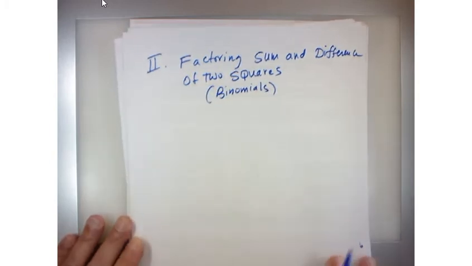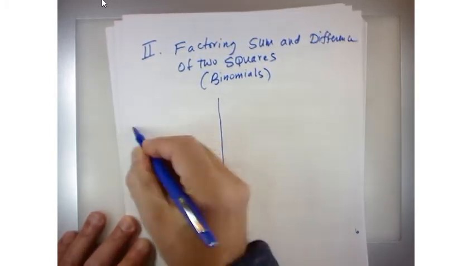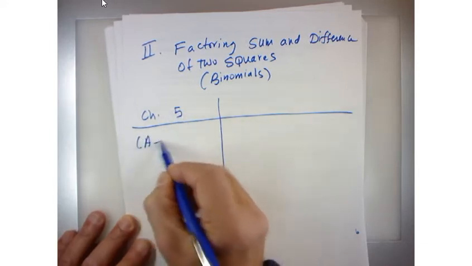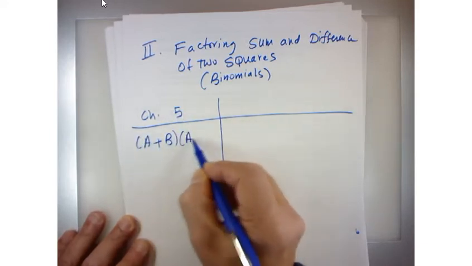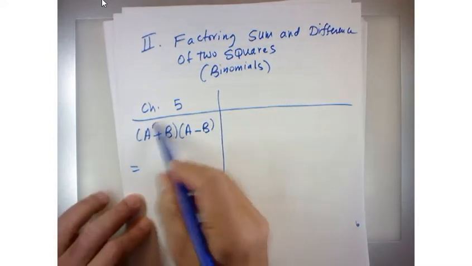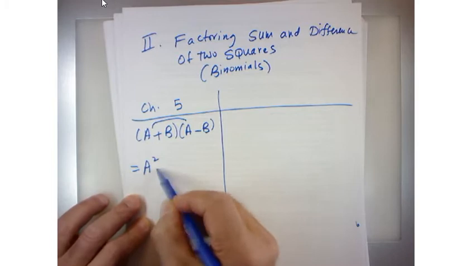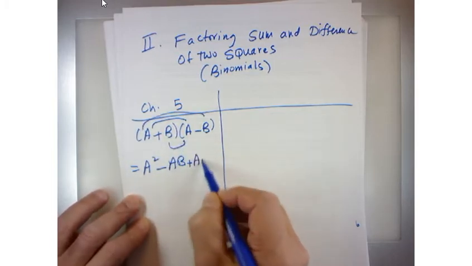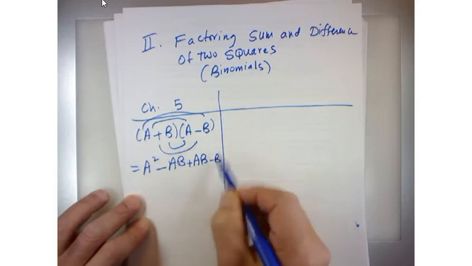So in chapter 5, we would do something like this: a plus b, a minus b, and we would FOIL it and get the answer, and that's where this rule came from. So a squared minus ab for the outer plus ab for the inner, and then minus b squared for the last.